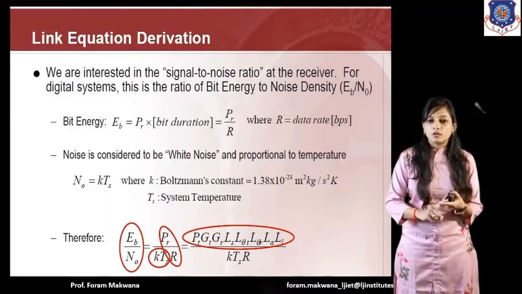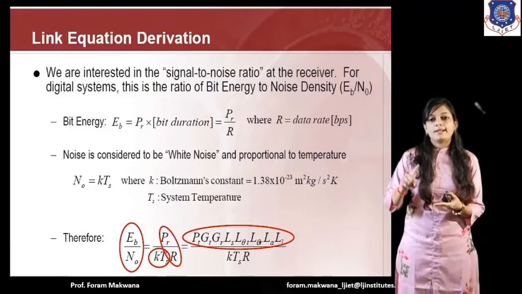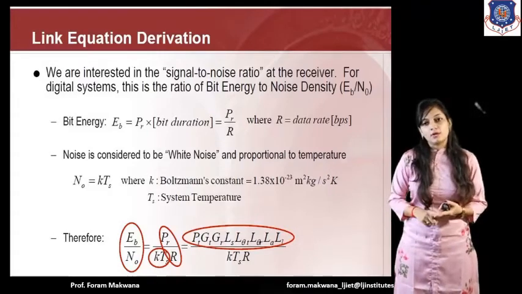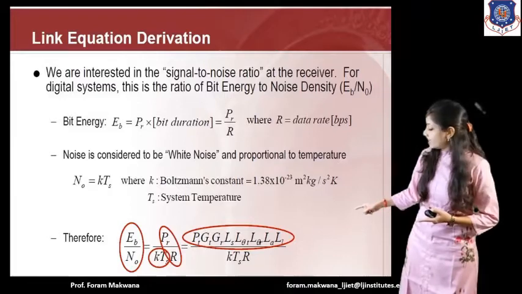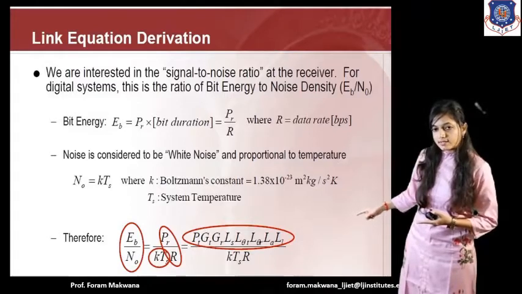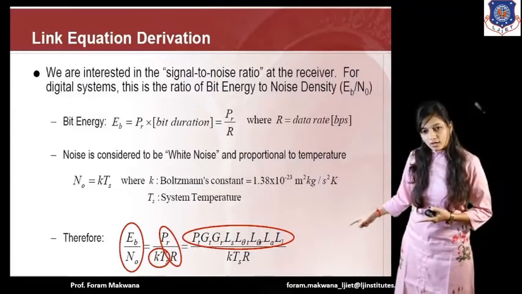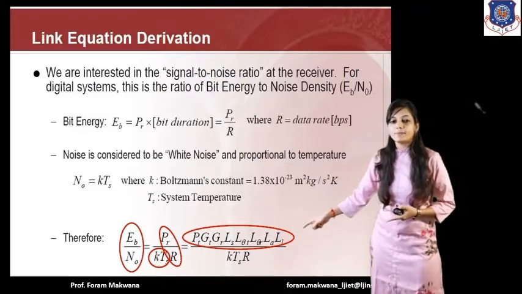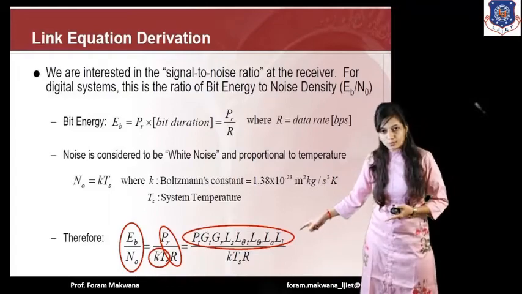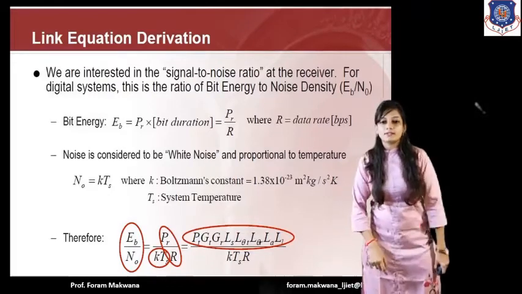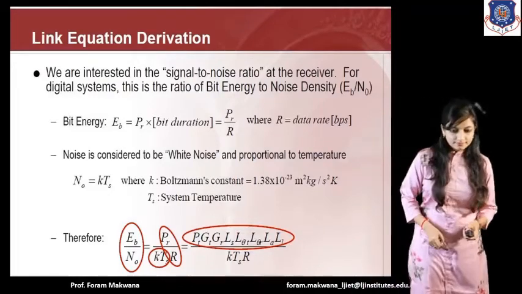We need to consider all the loss: atmospheric absorption, antenna pointing loss, and the cable loss. So over here, PT GT GR into LS, that is path loss. L theta T into L theta R, that is antenna pointing loss. LA represents atmospheric absorption, and LL represents the cable loss, right?